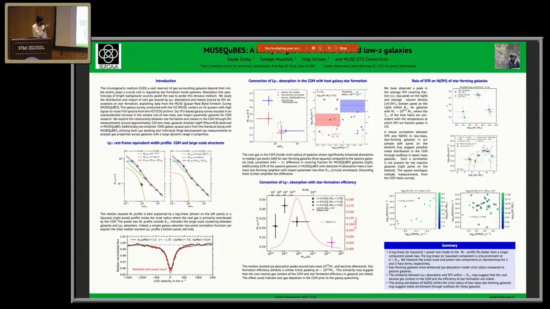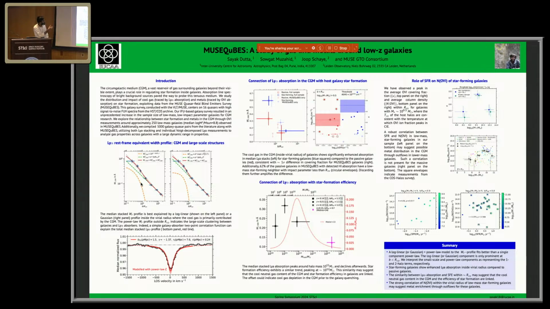One of the interesting results is that the neutral hydrogen distribution has two different sources. Below the virial radius, it mostly comes from the one-halo term from the host galaxy CGM, and outside the virial radius, it's mostly contributed by the large-scale clustering of Lyman alpha absorbers and galaxies.